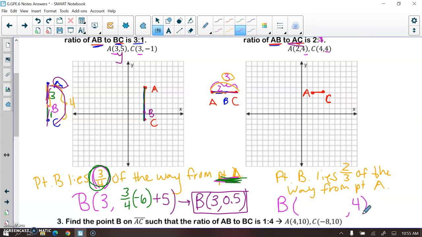So what we're going to do is we calculate the distance from A to C. So from A to C, I'm going over 1, 2 to the right, which means that's a positive 2.